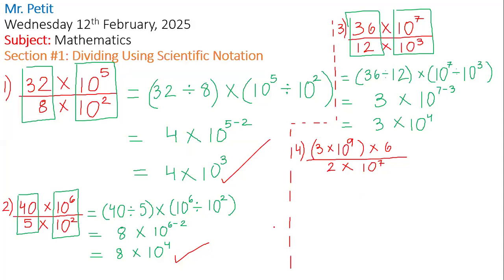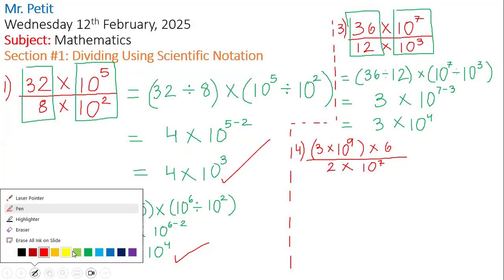How are we going to do this one? We group them. So what do we group? 3, 6, and 2. It seems like you're grouping only the whole numbers. So we group the whole numbers.